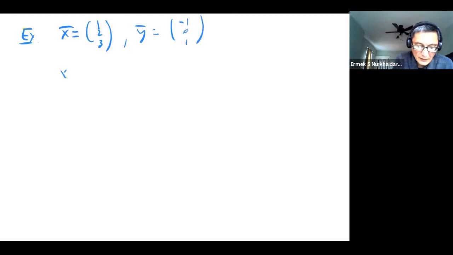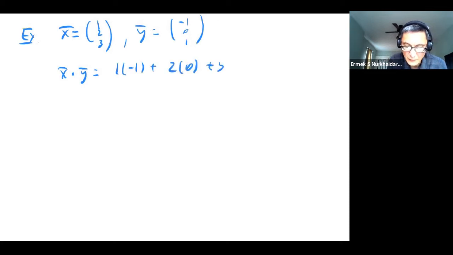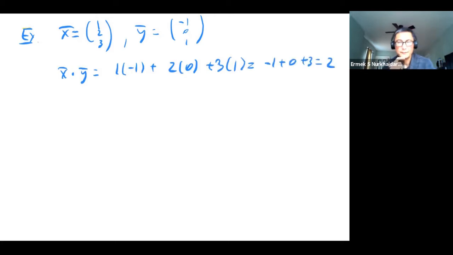If I take x dot y, then I multiply the corresponding coordinates: first by first, second by second, third by third, and add them up. So I get 1 times negative 1 plus 2 times 0 plus 3 times 1. So negative 1 plus 0 plus 3, so the answer is 2.